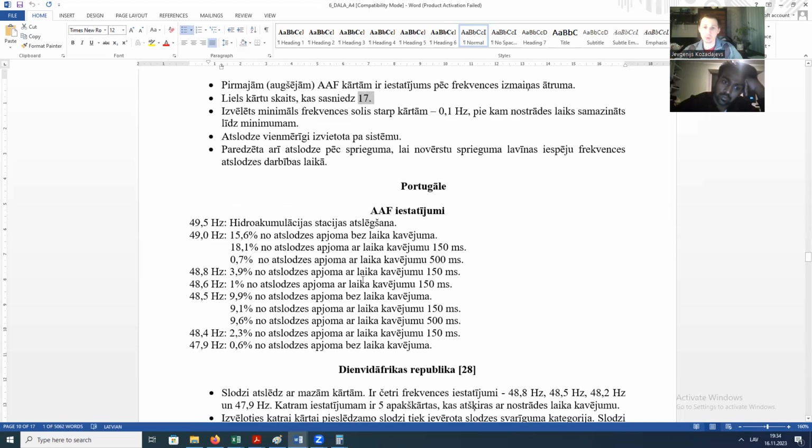In Portugal the situation is more complicated. For example, here we could see the first set point is 49.5 hertz, next one is 49 hertz, and how many consumers are going to be disconnected. At 49.6, they stop all the pumping hydropower plants, as I said to you about, for example, like Kruonis in Lithuania.